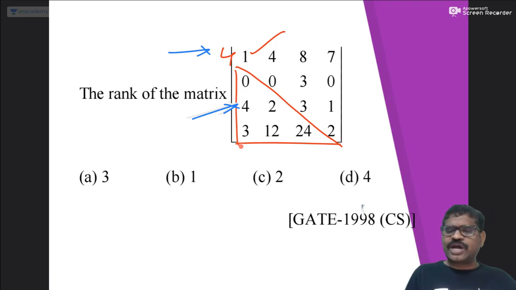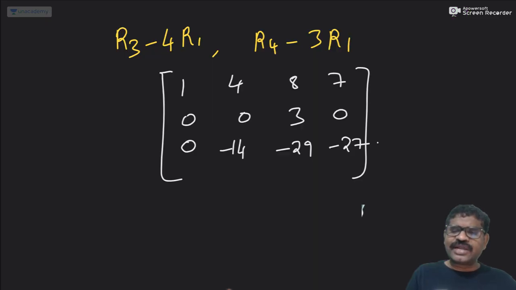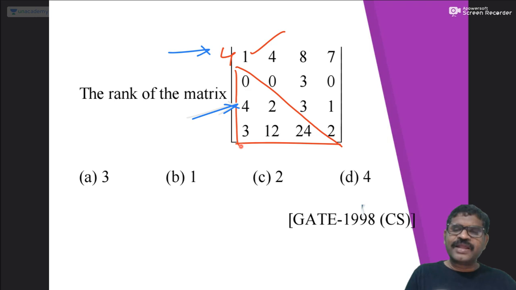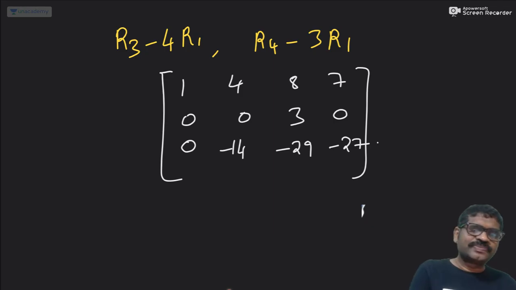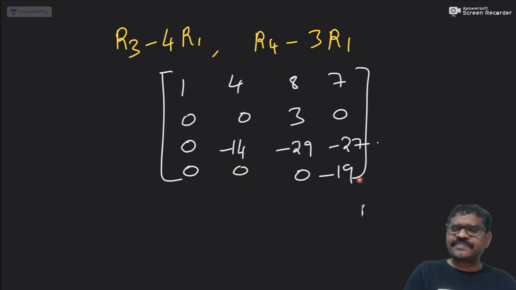Fourth row and third row are proportional. For the fourth row, I have written 3R1, 3 times R1: 3 4s are 12, 3 8s are 24, 3 7s are 21. It is not completely 0; you will get 3 zeros, then minus 19. Now, interchange R2 and R3.